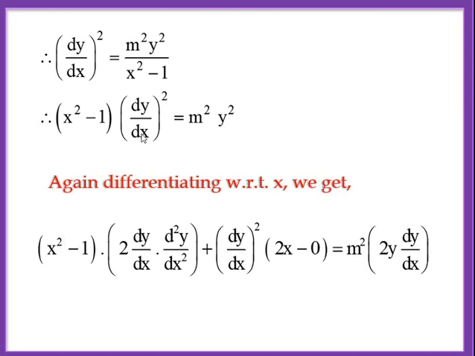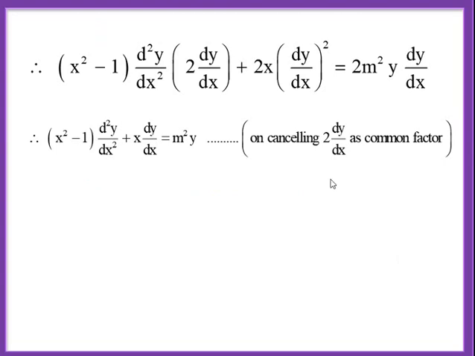First function into derivative of second, derivative of u square is 2u into derivative of dy/dx, which is d2y by dx square, plus second function (dy/dx) square into the derivative of x square minus 1, which is 2x, equal to m square into, what is the derivative of y square? It is 2y into dy/dx. You will notice that in this case also we can cancel 2 dy/dx to get the required answer.